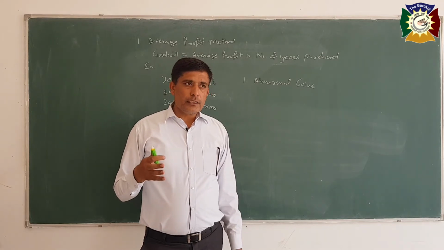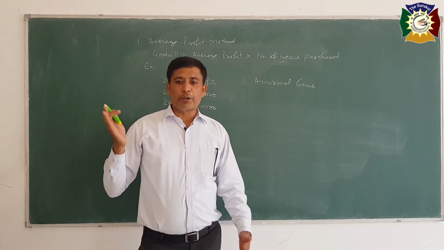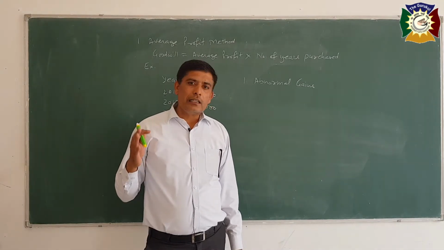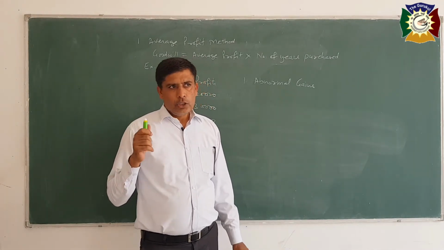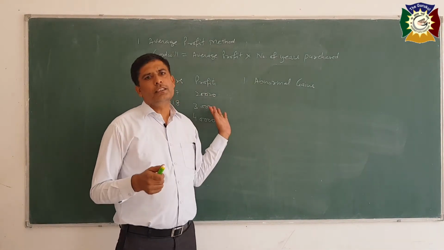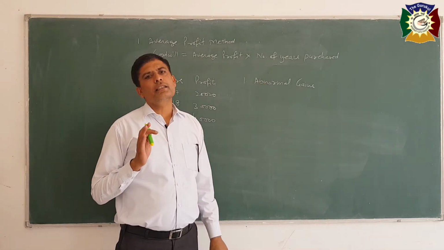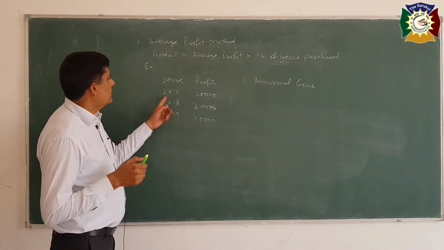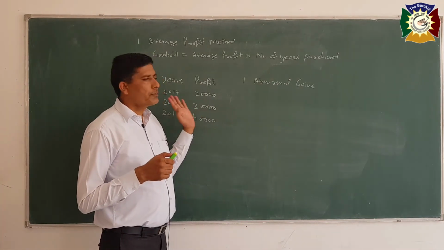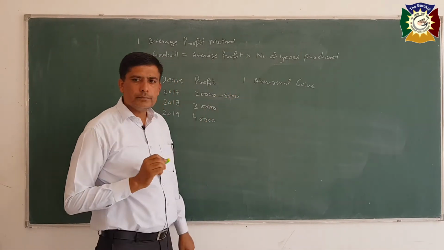Sometimes in a particular year the conditions are favorable and the businessman earns extra profits in comparison to other years. Such profits are not generally earned in all the years. So when any year's profit includes an abnormal gain, we will deduct that abnormal gain from the profits of that year. Like in the profits of 2017, there are abnormal gains of rupees 5,000. So we will deduct rupees 5,000 in this way.